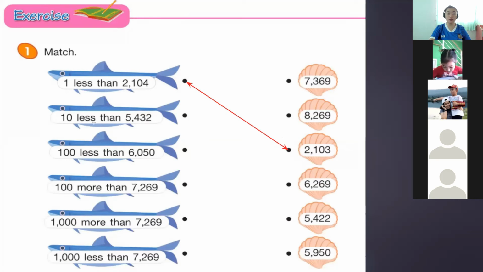5,432. So you're going to subtract 10 from 5,432. So 5,432 minus 10 is equal to 5,422.